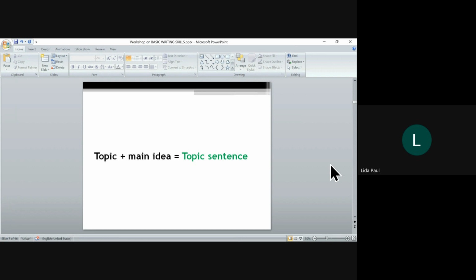Say I have a sentence like, Bougainvillea looks beautiful, particularly during the summer, right? If this is the sentence. Okay? Bougainvillea looks beautiful, particularly during the summer. What is the topic of the sentence?